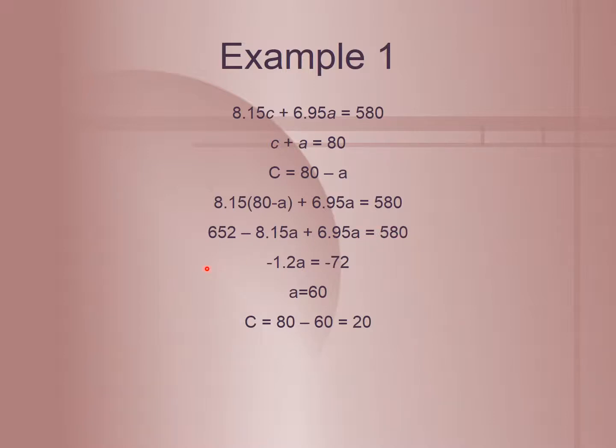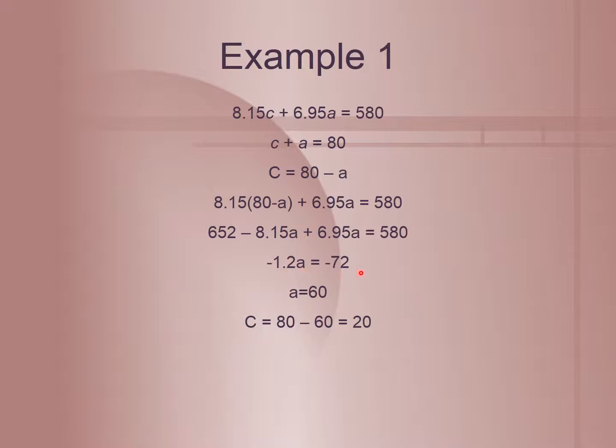From here, I'm going to subtract 652 from both sides so that it cancels out. 580 minus 652 is negative 72. I'm also going to combine like terms. Negative 8.15A plus 6.95A gives me negative 1.2A.